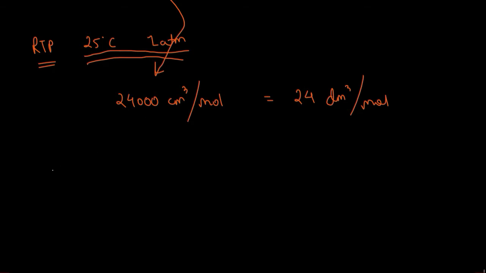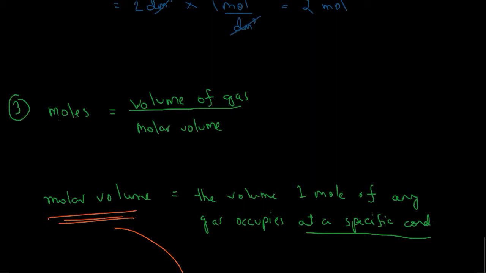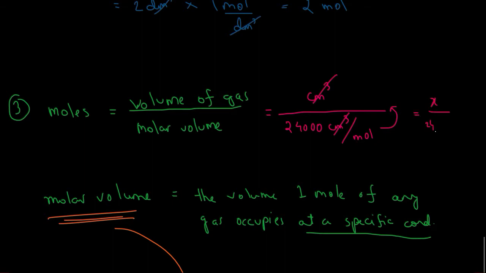Okay. So now let's do a calculation. So this was the formula: volume of gas divided by molar volume. Let's see if our units work out. If the molar volume is 24,000 cm cube per mole, and my volume is in cm cube, whatever the volume is, the cm cube is going to cancel out, mole is going to go to the top, and the final unit is going to be x divided by 24,000 moles, if this was x cm cube.